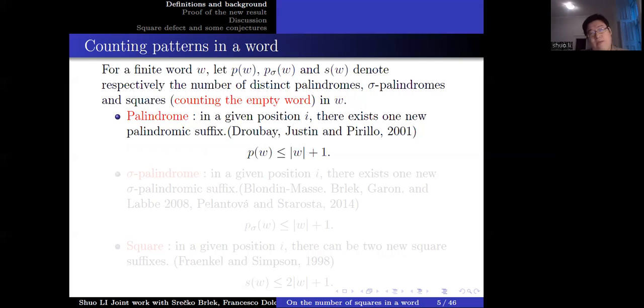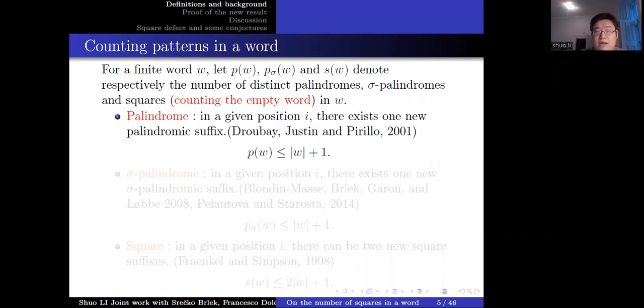Well, once we define different patterns in a word, people are interested in counting the number of patterns in a word. Let P(W), P_sigma(W), and S(W) denote respectively the number of distinct palindromes, sigma palindromes, and squares in word W, counting the empty word.